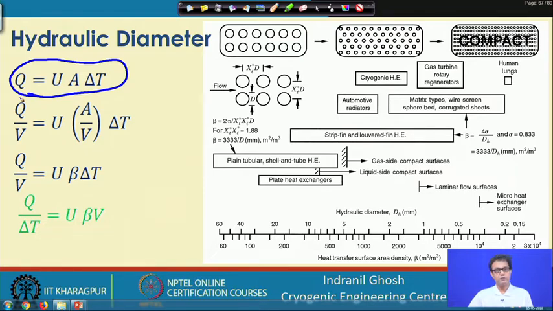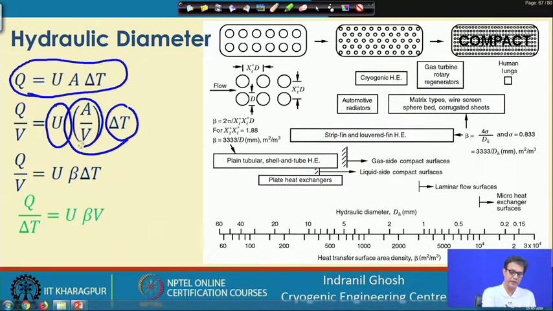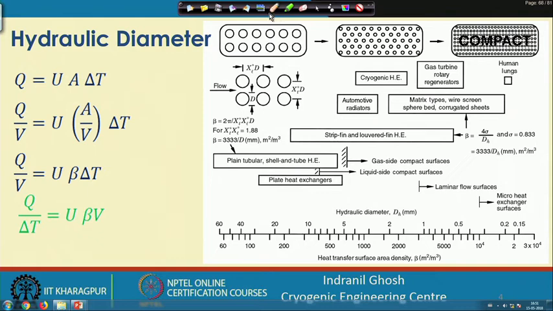If we divide both sides by the volume of the heat exchanger, we find that it gives us Q by V, the heat transfer per unit volume that can be achieved. It is a function of the overall heat transfer coefficient, and not only that, then we have A by V and delta T. Now, this A by V, the area per unit volume, is the beta factor that we are trying to define, and then we also have the log mean temperature difference.